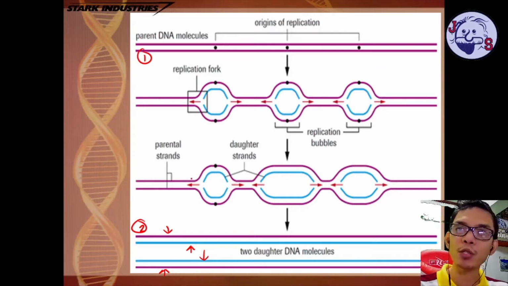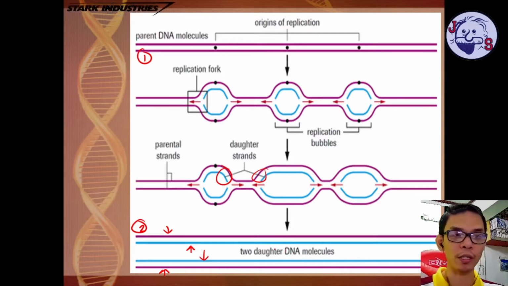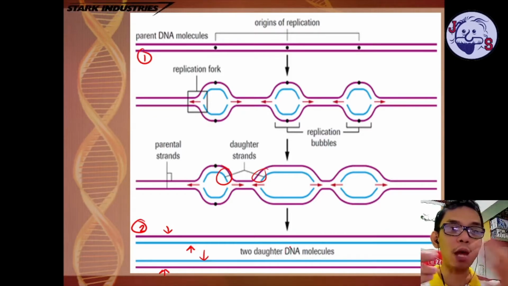Eventually these two daughter strands will connect halfway, and it now forms your two daughter DNA molecules. So this is how the replication works, and it follows the semi-conservative process.